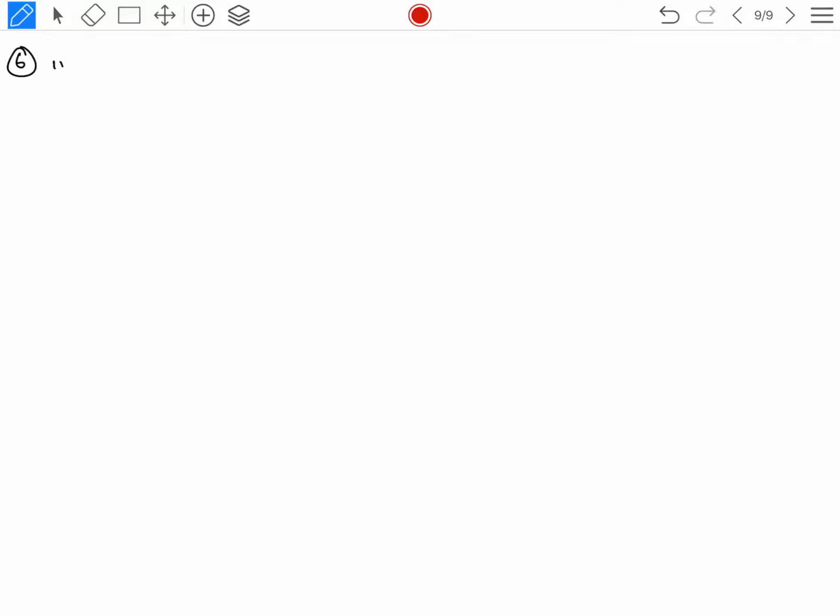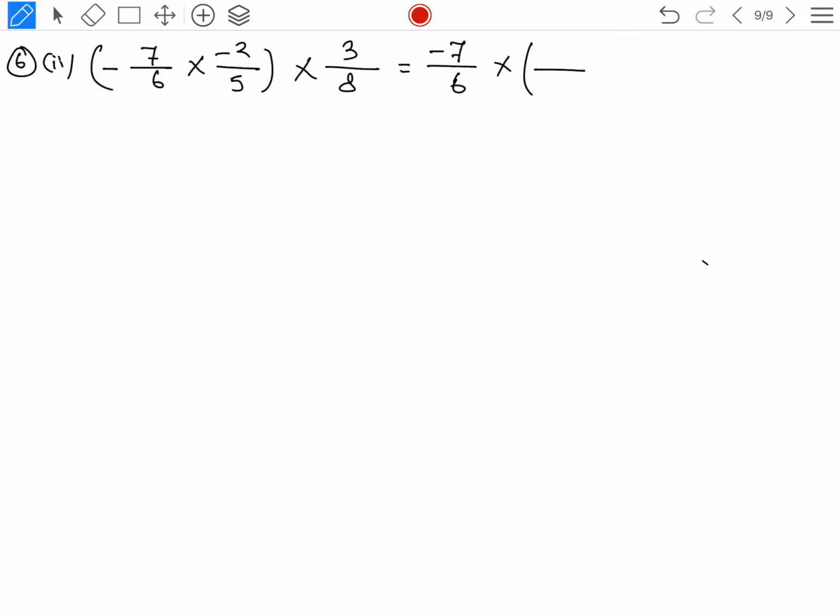Okay, look at question number 6. Question number 6, 1 you will do, 2 I will do. In 2 it is given minus 7 by 6 into minus 2 by 5, okay, it is one group, into 3 by 8 is equal to minus 7 by 6 into the other two numbers given in group, that is minus 2 by 5 into 3 by 8.